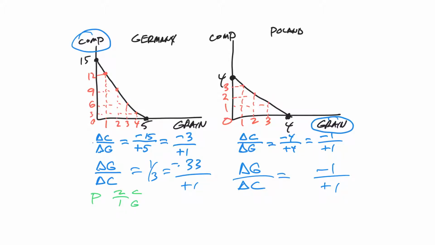Now we want to look at their consumption possibilities with specializing in producing computers, because that's the area of their comparative advantage. So they're going to produce nothing but computers, and if they want grain, they're going to trade computers away to Poland. So let's say they want 1 unit of grain.